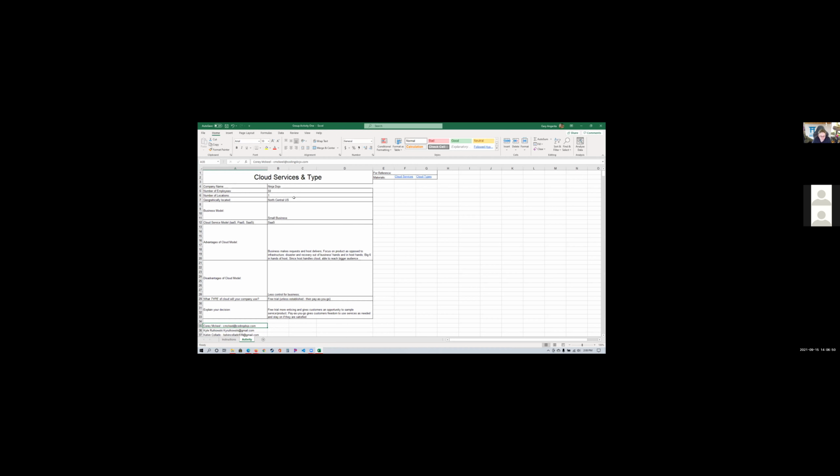We are a small business, so for cloud service, we went with software as a service. The advantage is that we make the request to the host, and the host delivers. We ask them to do something, and they're like, okay, we'll see what we can do.